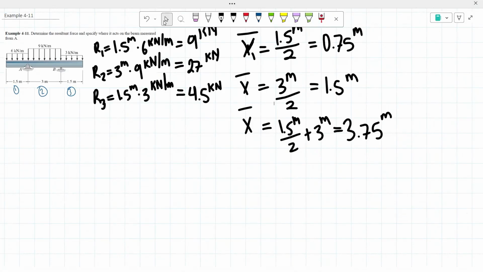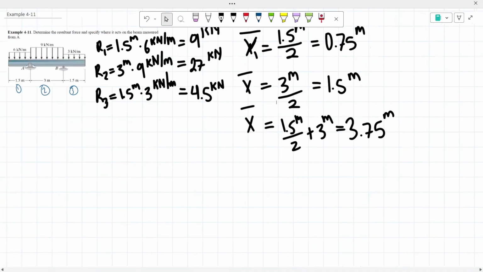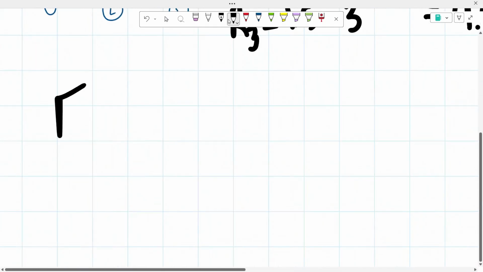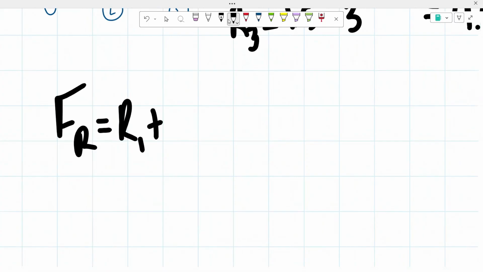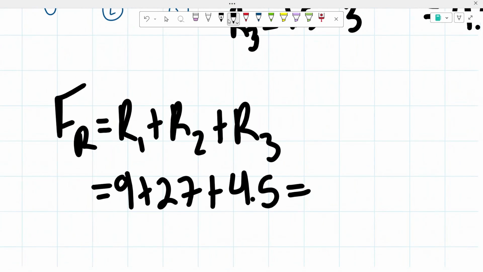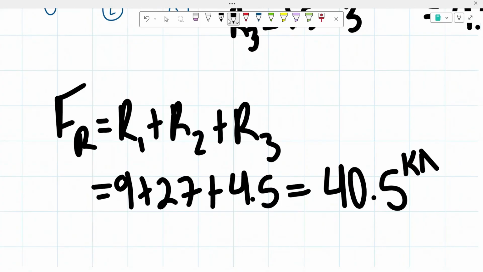So now that we determined the location and the force for each of these individual loadings, to find that resultant force we're simply going to add all three forces. So F_R is equal to R1 plus R2 plus R3, which is equal to 9 plus 27 plus 4.5 kilonewtons, giving you a total of 40.5 kilonewtons.